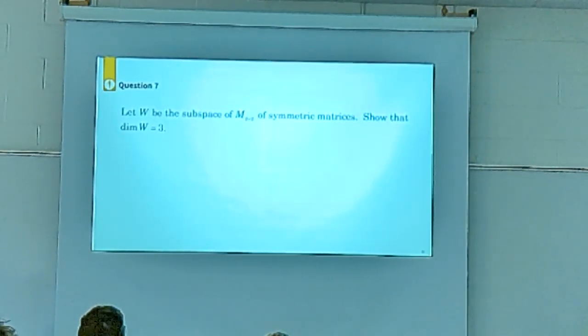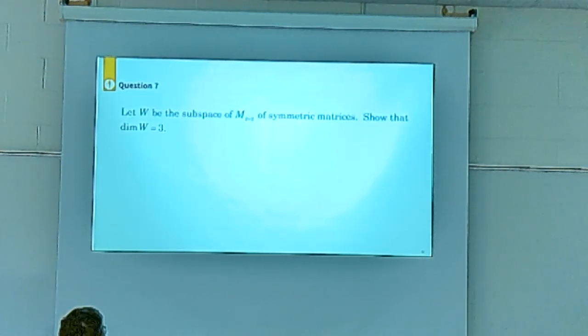So W, subspace of M22. M22 is the vector space of 2 by 2 matrices. We're saying W is the subspace of 2 by 2 symmetric matrices.